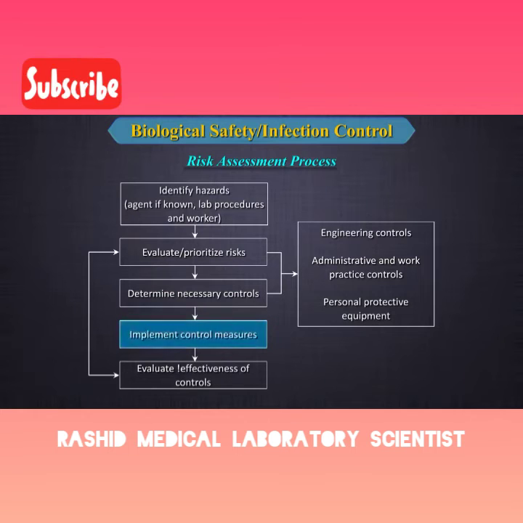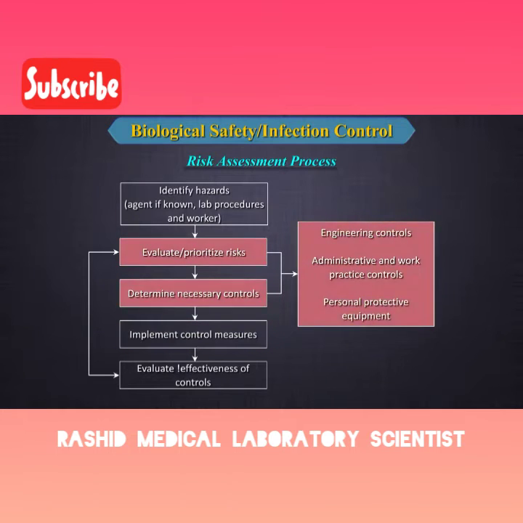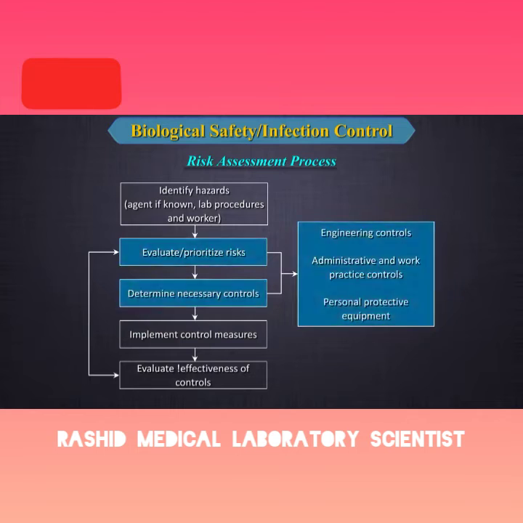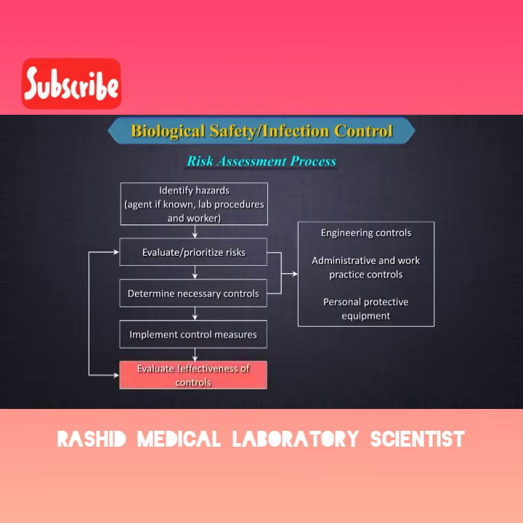Both of these are related to engineering controls, administrative and work practice controls, and personal protective equipment. Once we implement the control measures, we must evaluate the effectiveness of that implementation of controls. Whatever we find as a result goes back to add to the evaluation and the prioritization of the risks, and the whole cycle can be followed again.